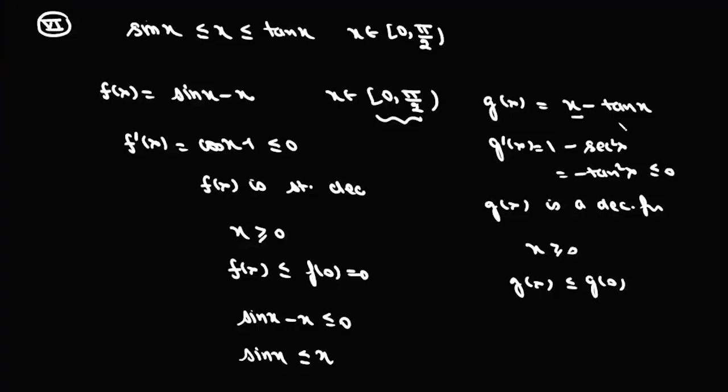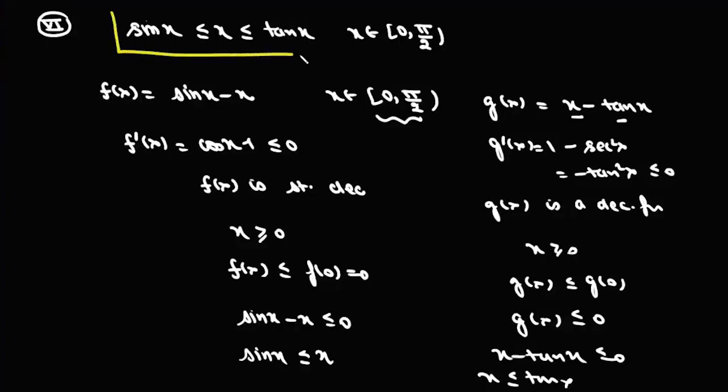Now g(0) is 0 minus 0. So g(x) is greater than or equal to 0, or tan x minus x is greater than or equal to 0. So from here we can say x is less than or equal to tan x, which completes our proof that when x lies between 0 to pi by 2, sin x is less than or equal to x, and it is less than or equal to tan x, and we have the equality sign when x is equal to 0.